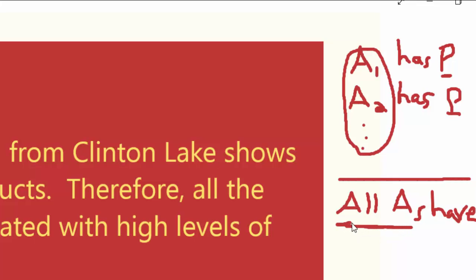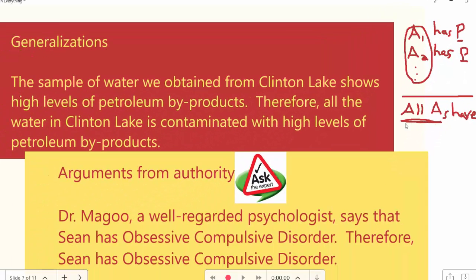You generalize out to the whole population that they have P. Of course, if you see some counterexamples, so let's say A sub 1 through A sub 59 all have P, but A sub 60 doesn't have P, well, you might say something like most, or the vast majority, or such a percentage have P. You generalize out in terms of percentage as opposed to all, but you're still making that move from a smaller population of what's in question to a more general claim about that population as a whole.